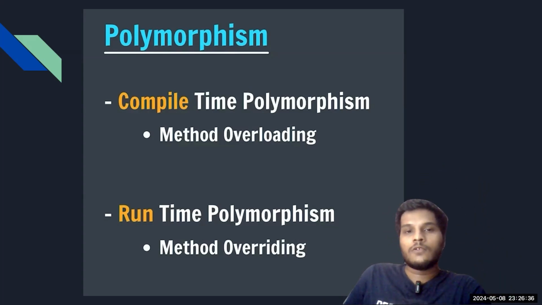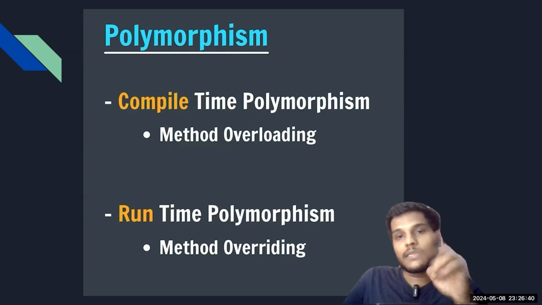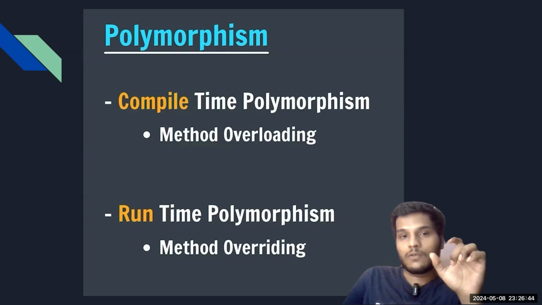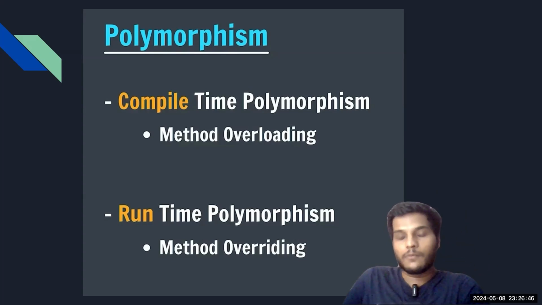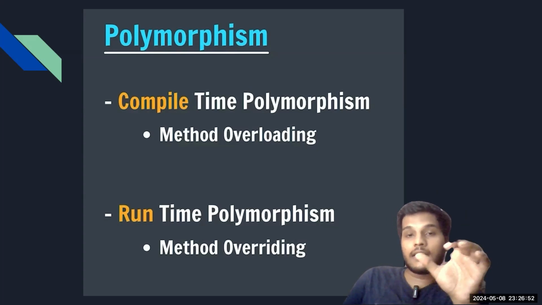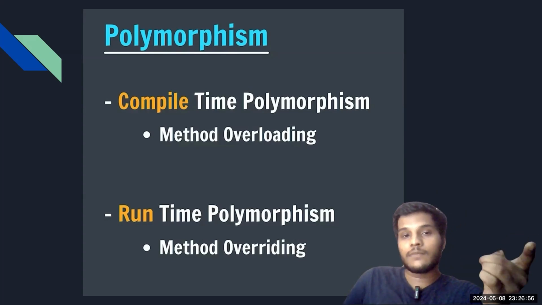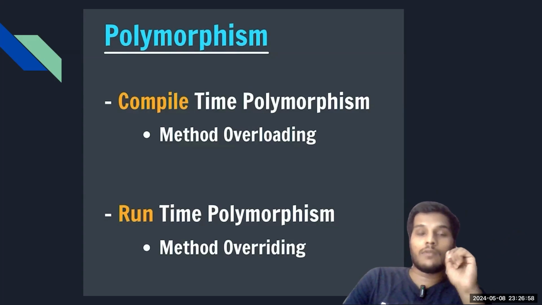Here the method of the child class overrides the method of the parent class. We have different implementations in both of them. We'll see this in code. The decision of which method to invoke is made at runtime, so that's why it is called runtime polymorphism.